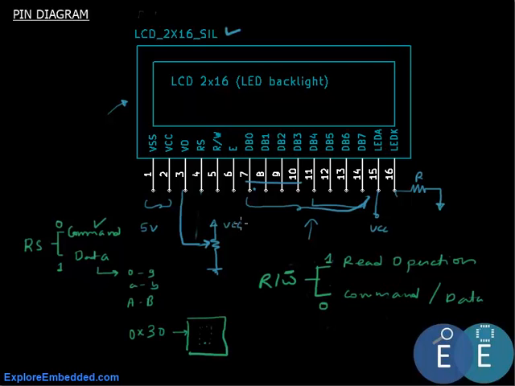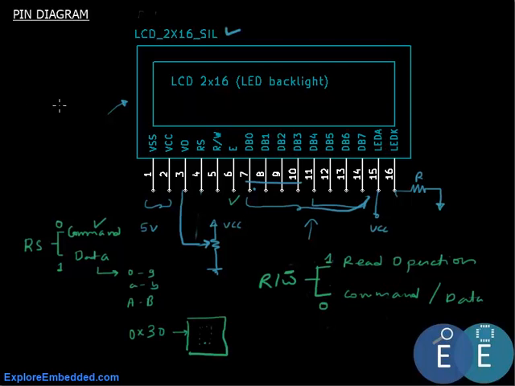And the last pin which remains is enable. Now enable is kind of a latch pin. So whatever commands or data that we send to the LCD, it needs to be pulsed by enable. So when we send a high to low pulse, the thing is something like this.